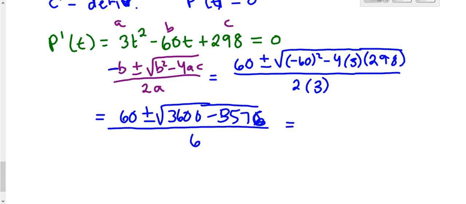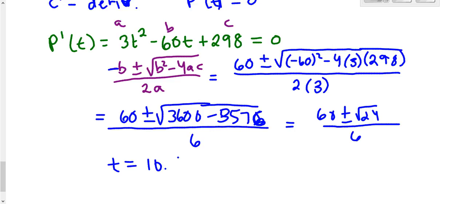And that gives me 60 plus or minus the square root of 24 all over 6. And when I plug that in my calculator, I got 10.816 and 9.184 when I did the plus and then the minus.